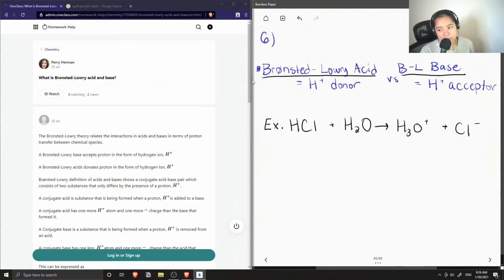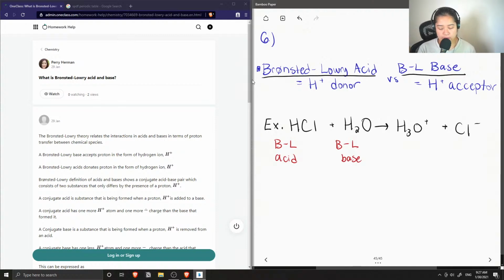And so H3O plus is the hydronium ion. So in this case, hydrochloric acid donates one of its protons to water. So this makes hydrochloric acid our Bronsted-Lowry acid. And since water accepted the proton, this becomes our Bronsted-Lowry base.